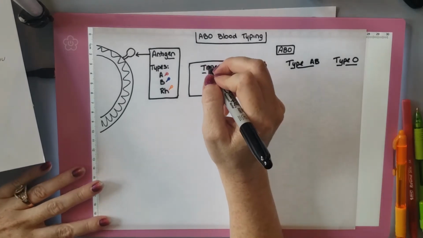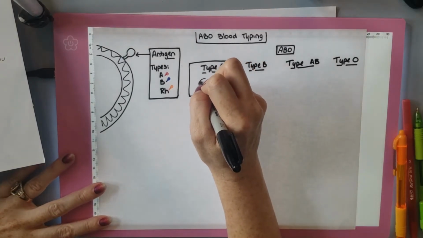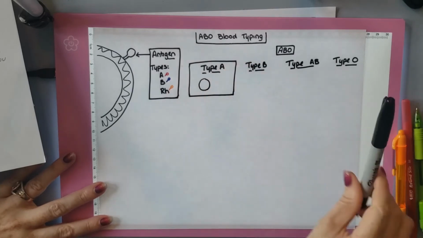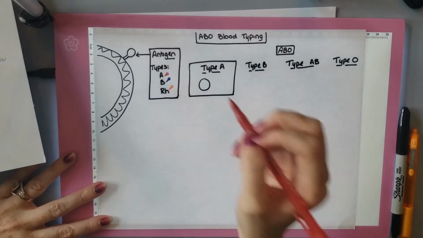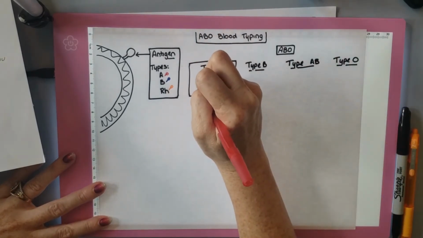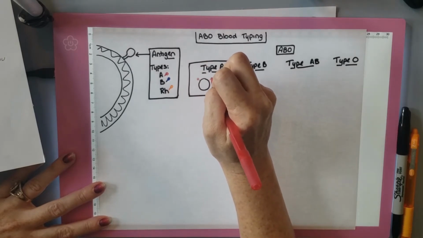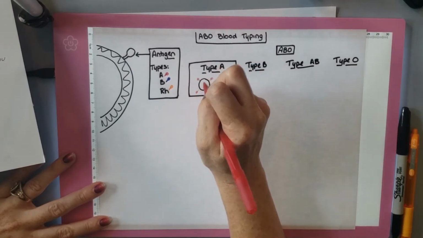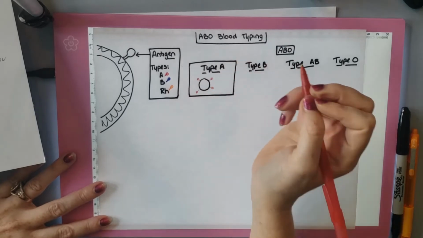Whatever. Okay, so a cell that is type A would look like that with little red antigens all over it.